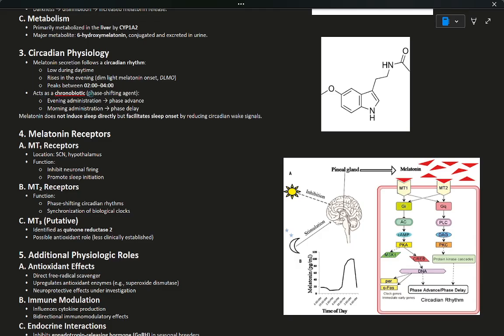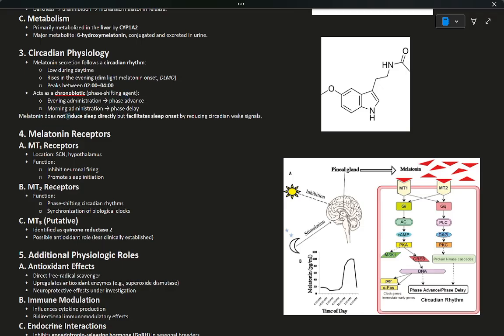In other words, it is a phase shifting agent. So during the evening administration period, there is a phase advance, and then during the morning administration period, there's a phase delay. This is how the phase shifting phenomenon works behind the presence of melatonin.